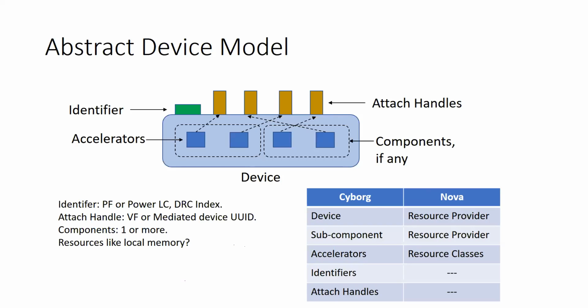So for a mediated device, you'll come and just configure the device, say create a new virtual instance of the device now. And by the way, here's the UID as the attach handle. And you take the UID as attach handle and give that to the VM. So this model works for MDEVs as well. It will also work for PFs and VFs in a more general case, like I said, where the VF accelerator association is not static.